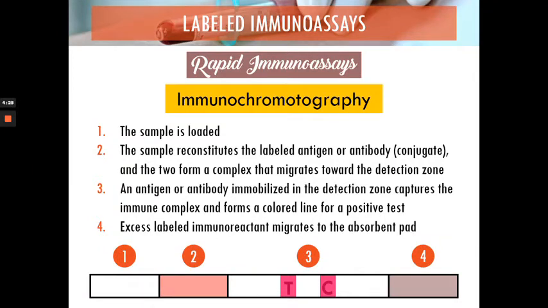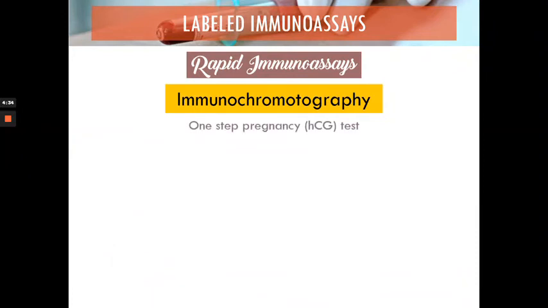For the next slide, we'll look into an example, which in this case is the one-step pregnancy test. What we are detecting here is, recall from your AUBF, beta HCG, or beta human chorionic gonadotropin.